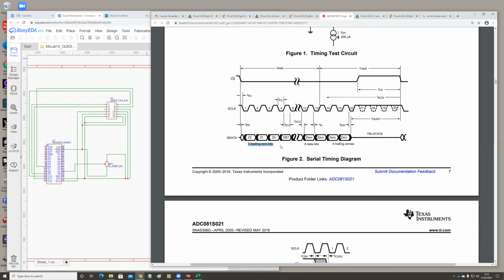So first come 3 zero bits, and then come data bit 7 up to data bit 0. These are the 8 data bits, starting from the most significant bit. And then come 4 further zeros, just to fill in the communication so that it is 16 bits.